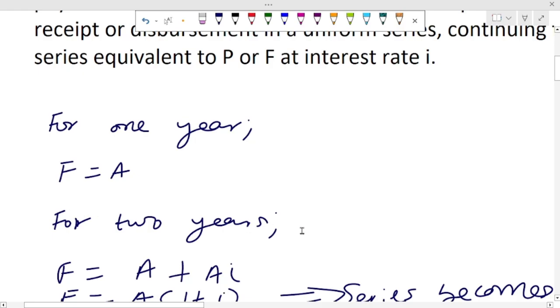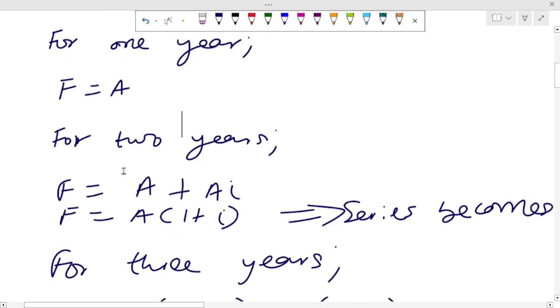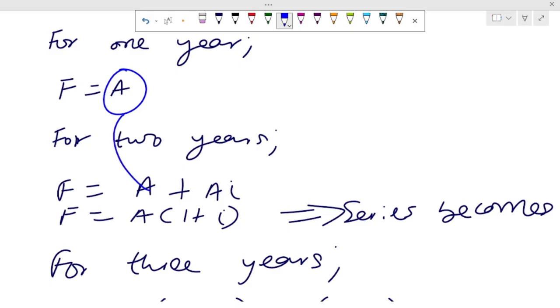Okay? Now, what about 2 years? If we are going for 2 years, think of just the second year. At the second year, you are to get the money you pay, which is this, plus this same money, which is A, multiplied by the interest rate.